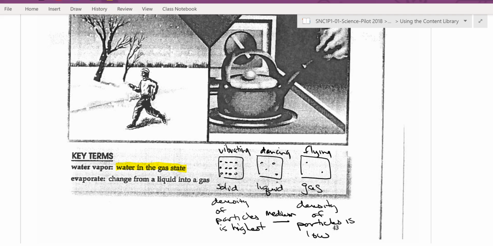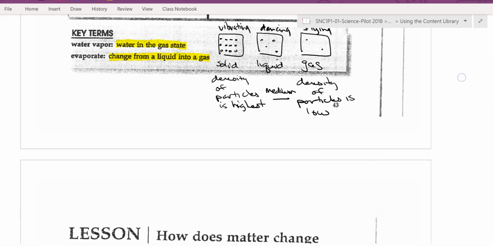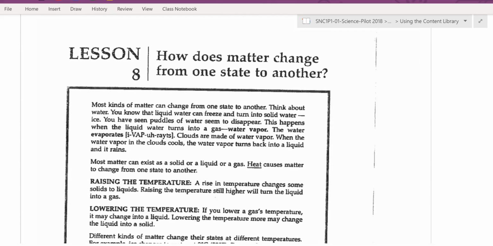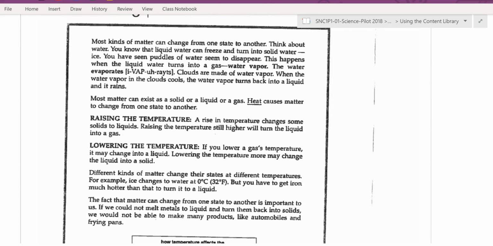Another important term is to evaporate, and that's to change from a liquid to a gas. There are different types of change in state that we can go over in a sec, but that's an important one, evaporation. All right, so I'm going to read through this, highlight some things I think are important, maybe add a few notes.